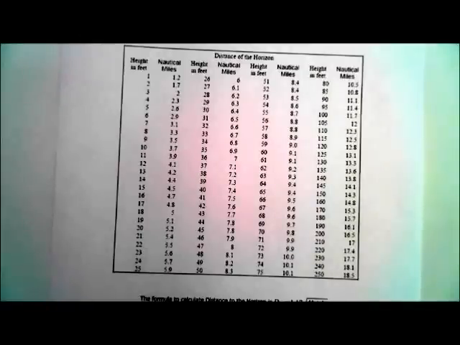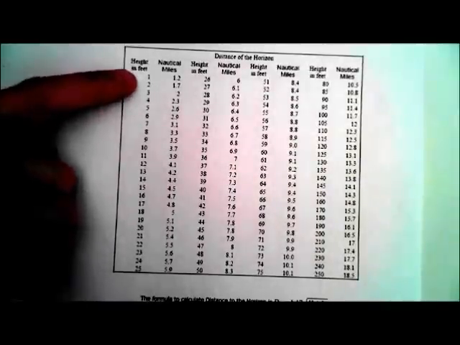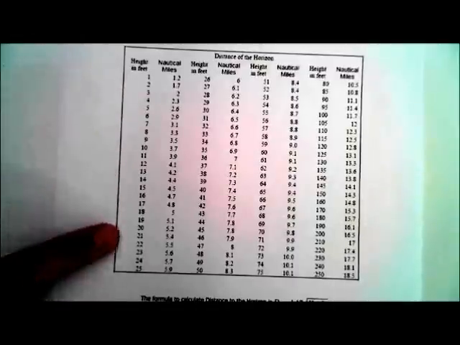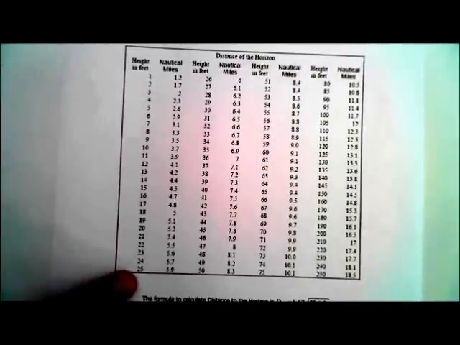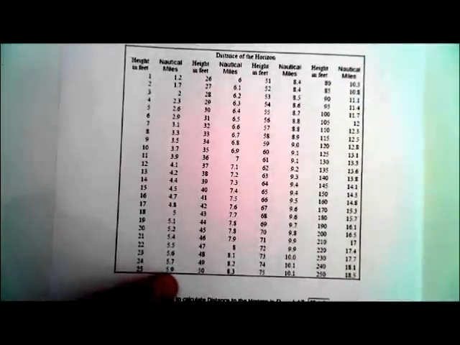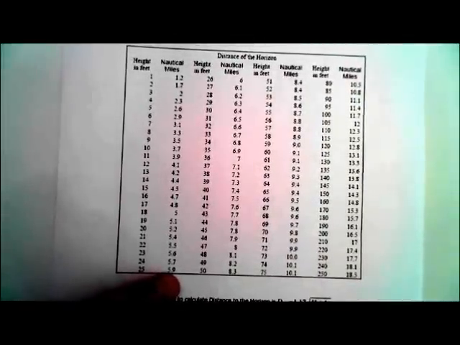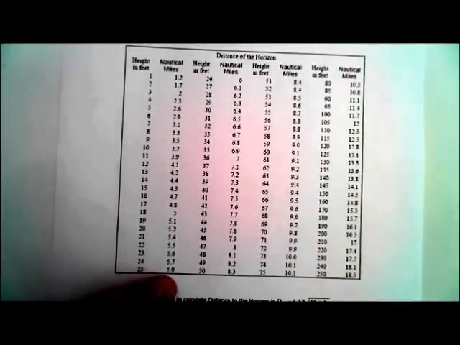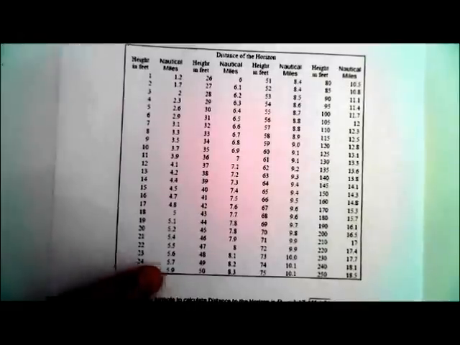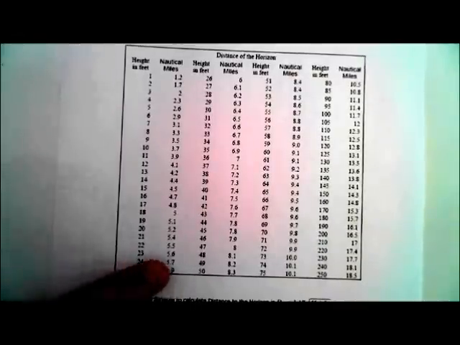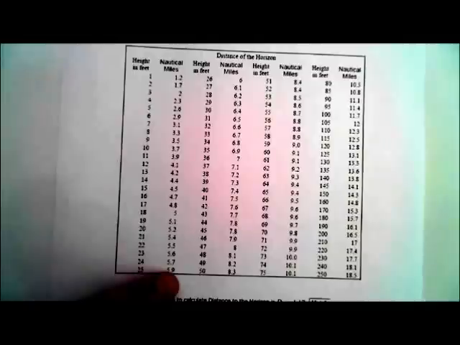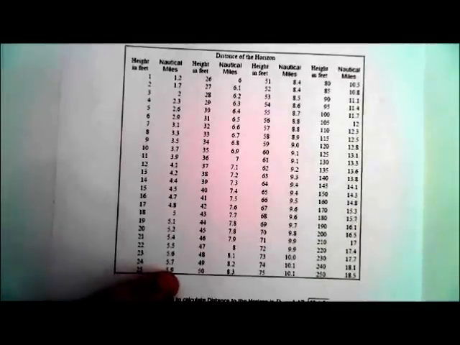The height of the object here is 25 feet. So here is height in feet. We find 25 is right at the bottom, and it yields 5.9 nautical miles to the horizon. So we'll keep track of that, 5.9. At 25 feet tall, you can see 5.9 miles to the horizon.